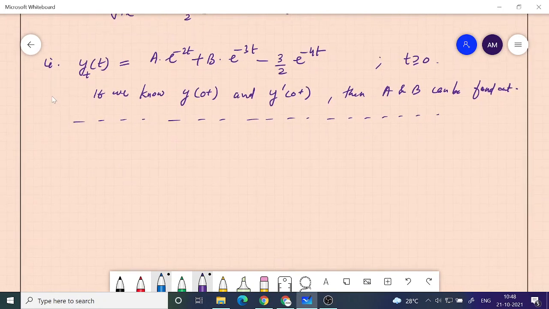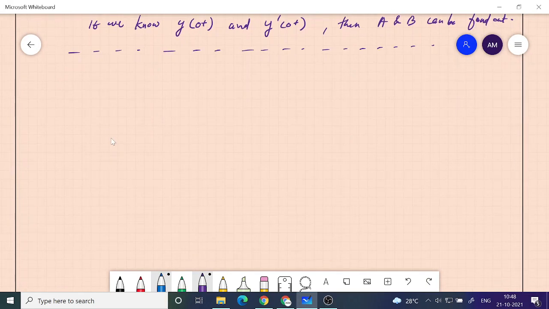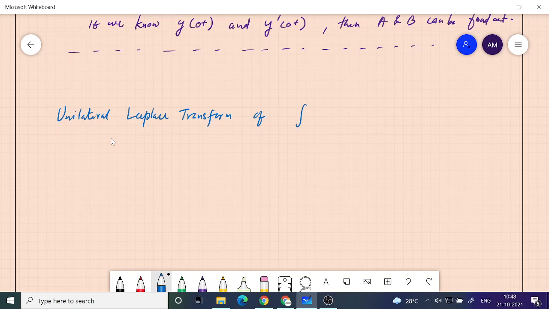So let's now look at one more thing, that is the Laplace transform. The unilateral Laplace transform of the integral from minus infinity to t of f of t dt. We have found the Laplace transform of d by dt of f of t given the Laplace transform of f of t.